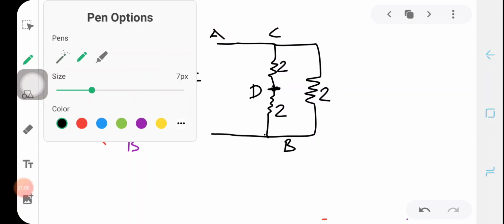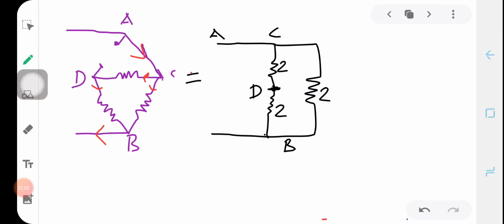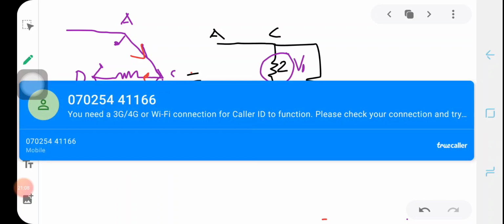And remember that we want to find the voltage across CD, that is, we want to find the output voltage V0.